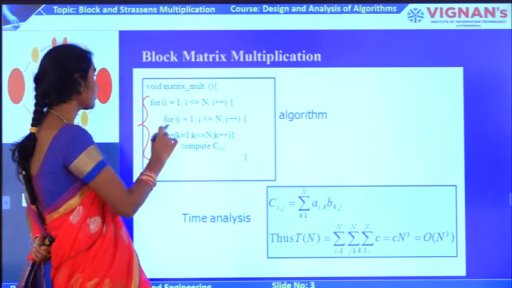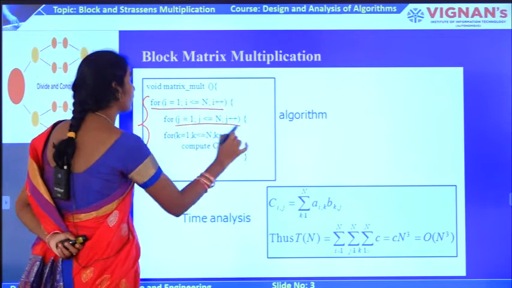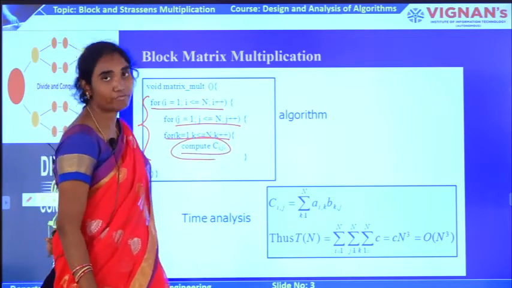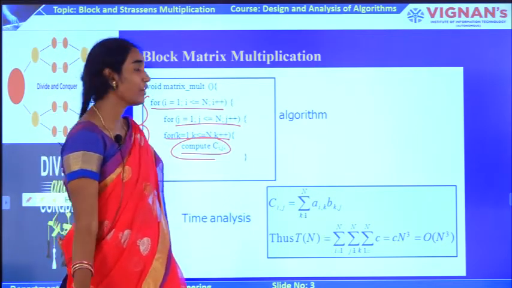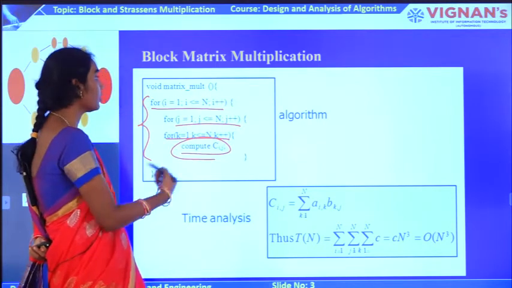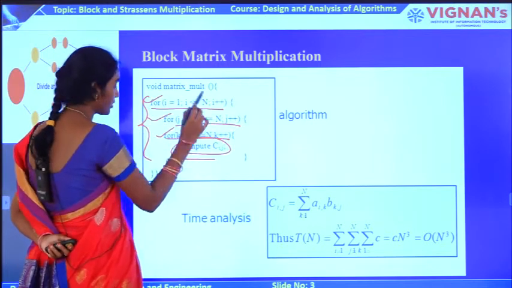So this is a matrix multiplication algorithm where I will have 3 for loops, and in the loop I am going to compute C of ij. So likewise we are computing C, right? This is the algorithm and it uses 3 for loops.